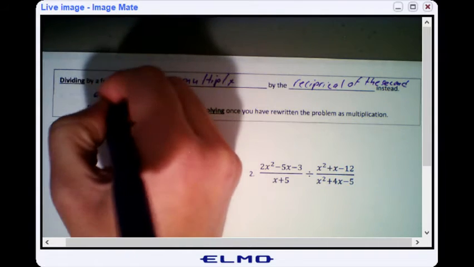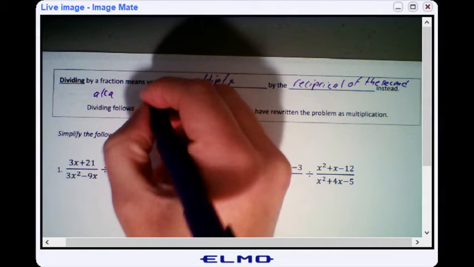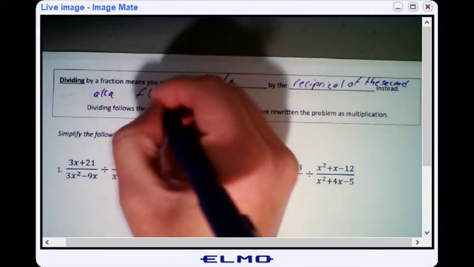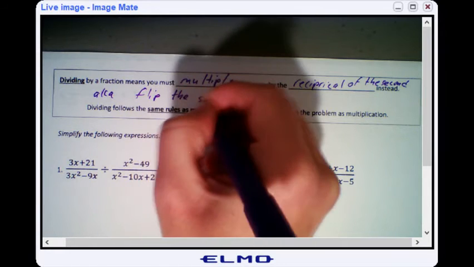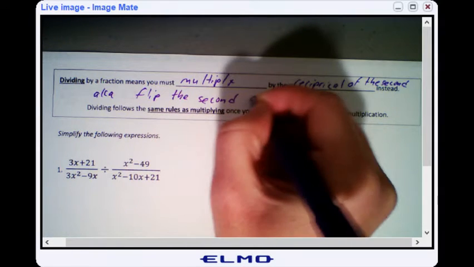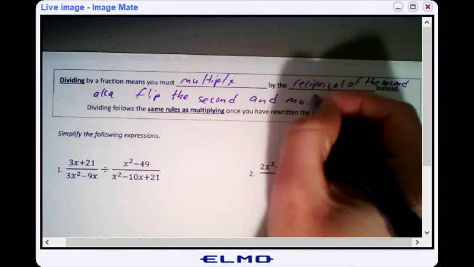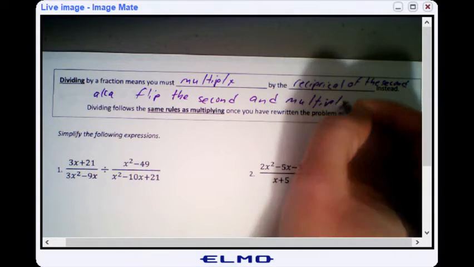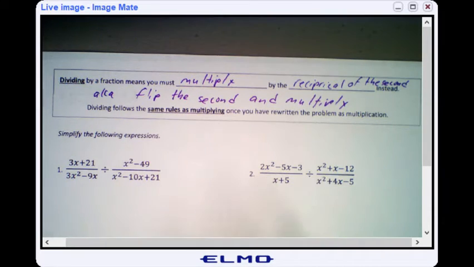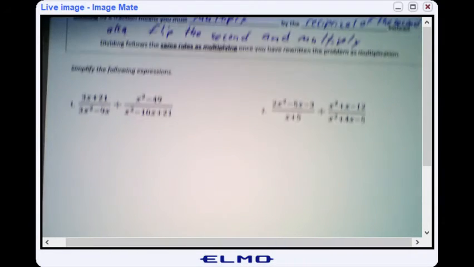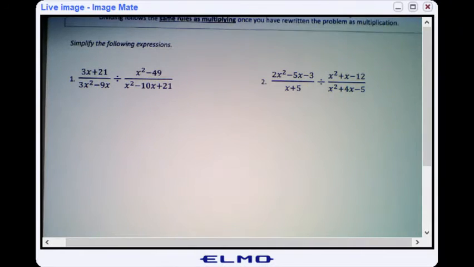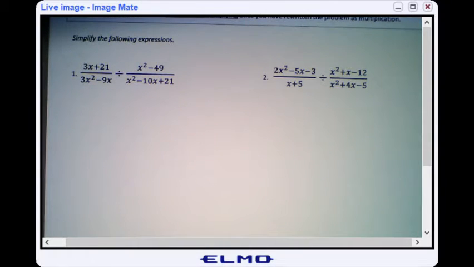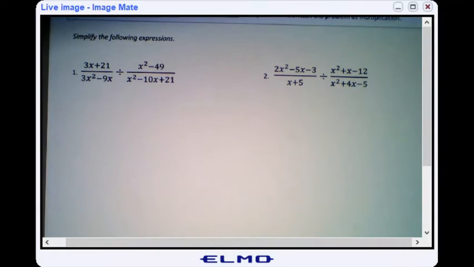AKA, we're going to flip the second and multiply. Please do that first. So before we start factoring or doing anything crazy, go ahead and just flip our second and change it to multiplication.